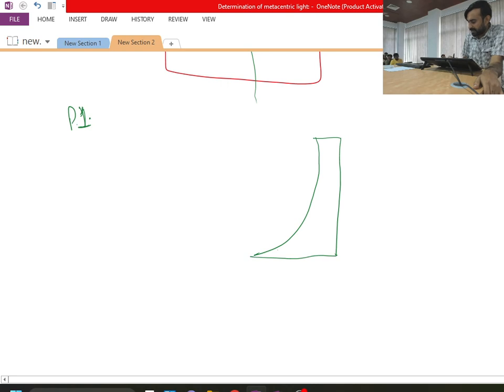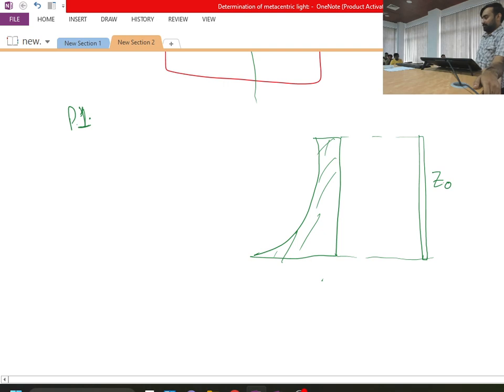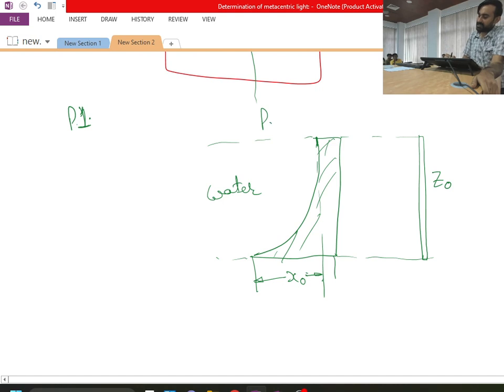This is nothing but a dam, but it is a curved surface, and the projection of this curve in this vertical plane has z naught depth, and in the horizontal it has, say, x naught up to this point. So the maximum projection in this direction is x naught. Here I have some water filled inside this. Here say pressure P naught is equal to 0 atmospheric.